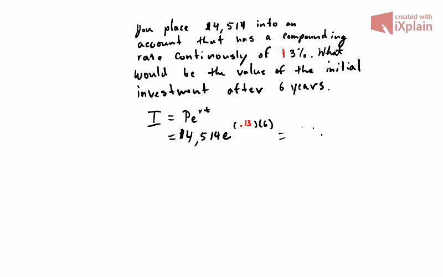This is going to change the value significantly. So you do 4,514, the principal amount, times e to the power of 0.13 times 6. The investment after 6 years will be worth $9,847.17. So overall, you gained a whole lot of money because you had a better rate.